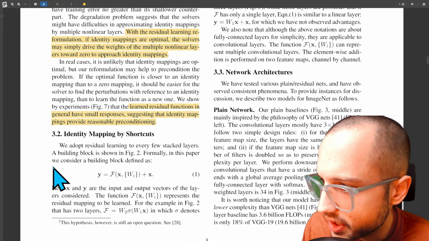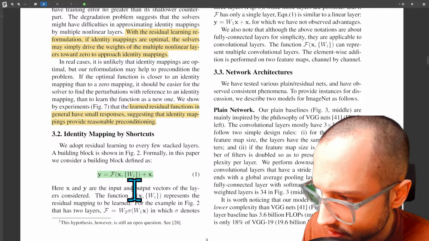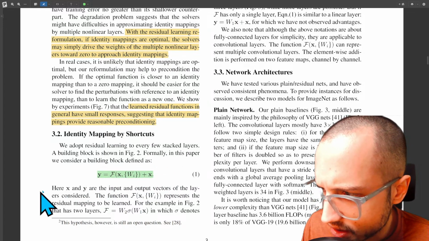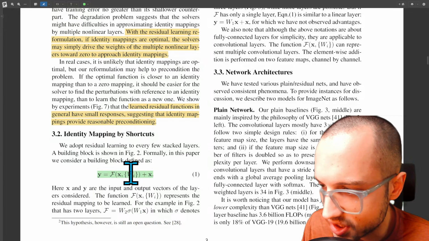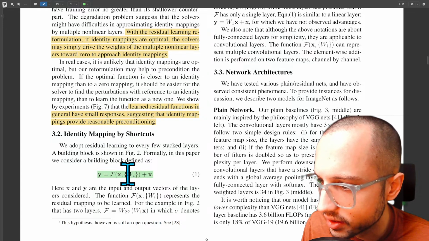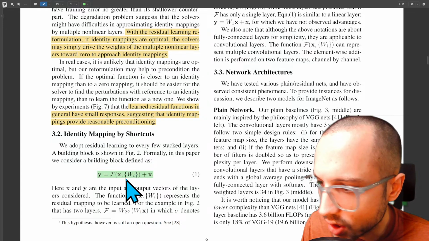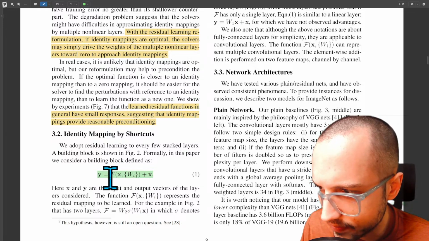Formally, in this paper, we consider a building block defined as... Okay, so here's your standard... No bias here. Important to consider. So you have your weight matrix, which is your standard weights inside of a neural net, sometimes called theta, the parameters of your neural net. You have x, the input.